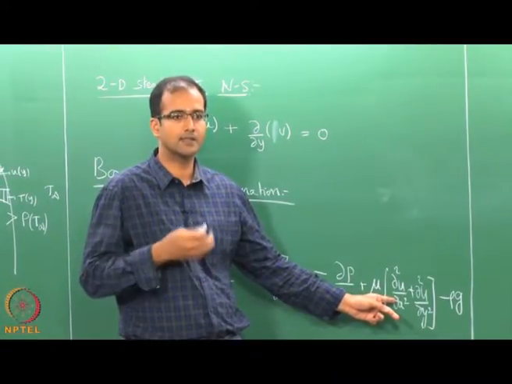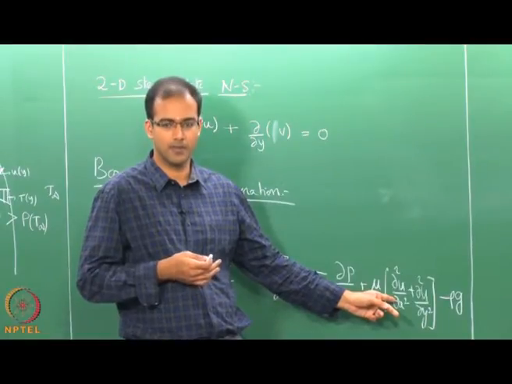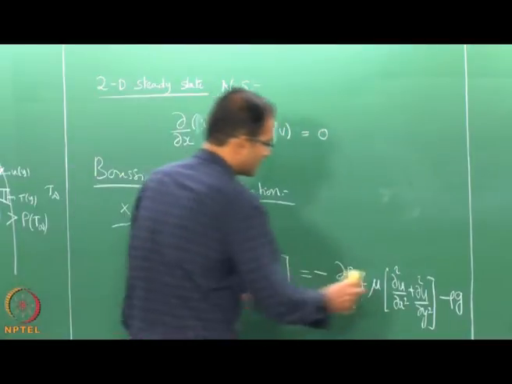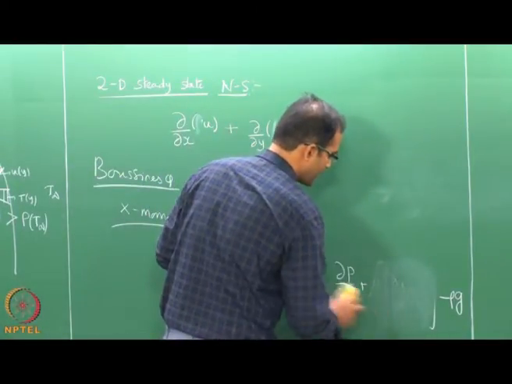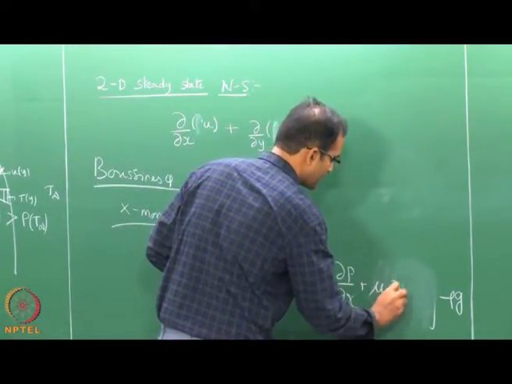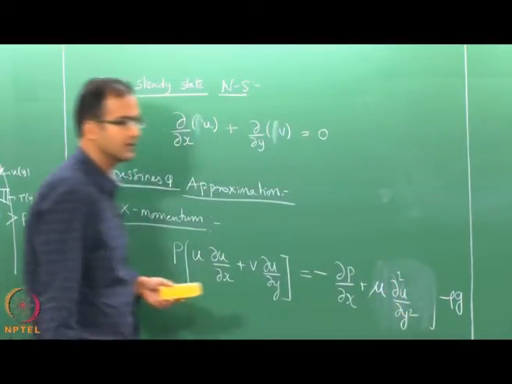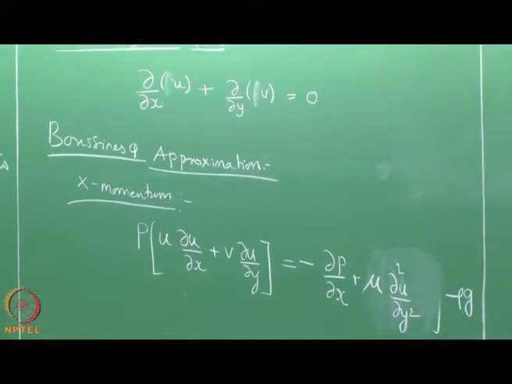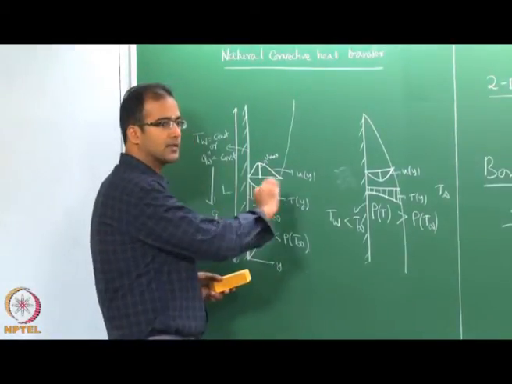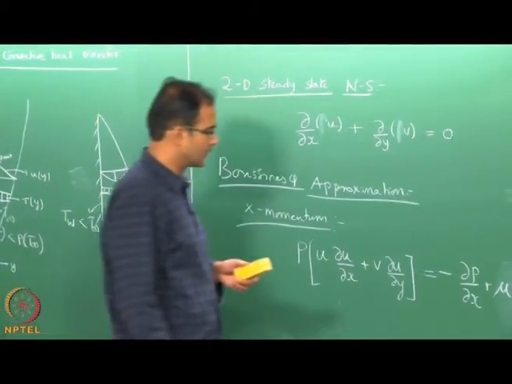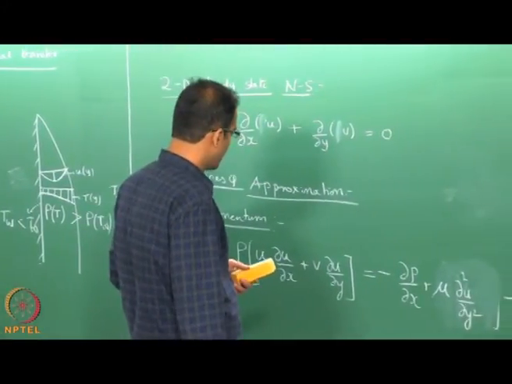This is the same conclusion that we also got from external forced convection, and therefore, for the sake of simplicity, we will only write the diffusion perpendicular to the plate, in the direction across the boundary layer. This is the most dominant direction of the viscous diffusion, right. So, therefore, we have the x momentum.